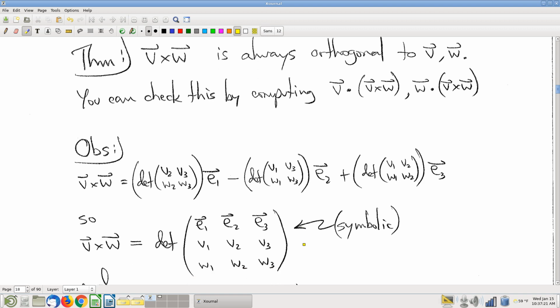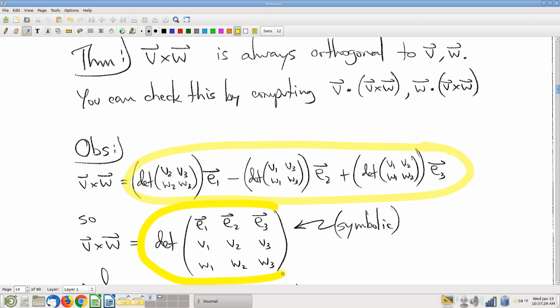Now, not only are the coordinates looking like determinants, but in fact this whole thing looks like a 3x3 determinant. And again, weirdly, in order for it to be a 3x3 determinant, you do need that minus sign there. So that's why I did that.